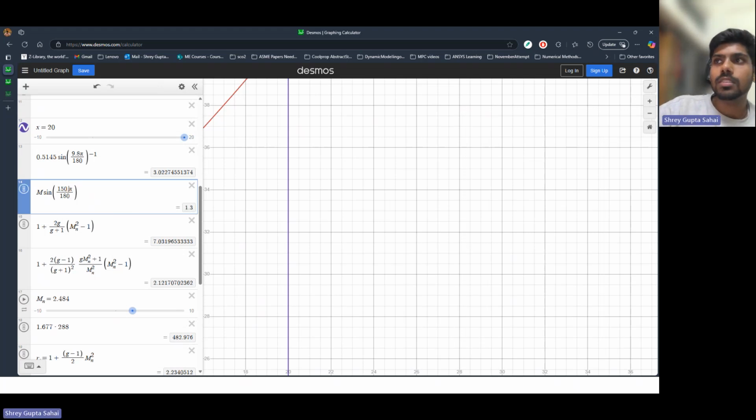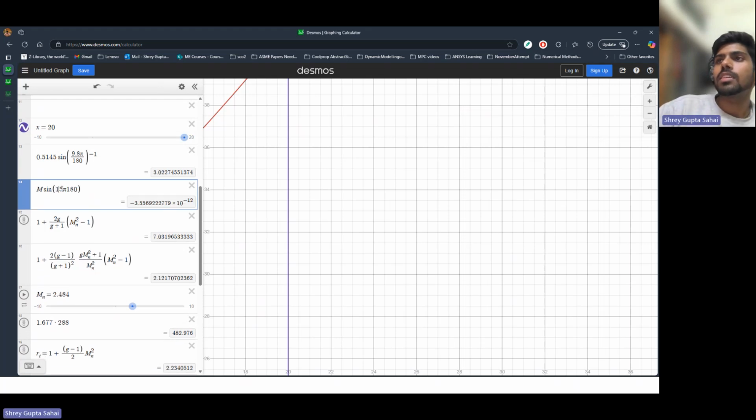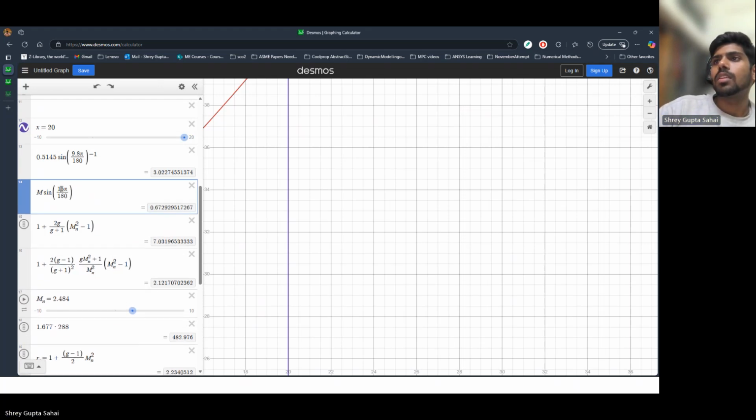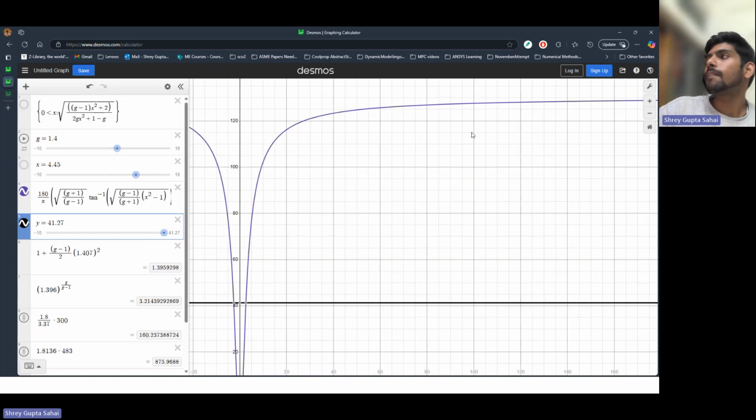It is 0.673, or it can be, for the next guess we have taken, this, so 0.226.